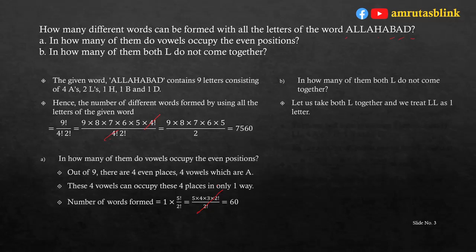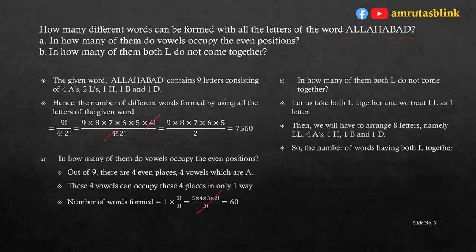Now in order to calculate the condition in which both L are together, we will consider both L together as one unit. So how many letters will be available with us? That is 4 A, 1 H, 1 B, 1 D, and both LL as 1 unit.